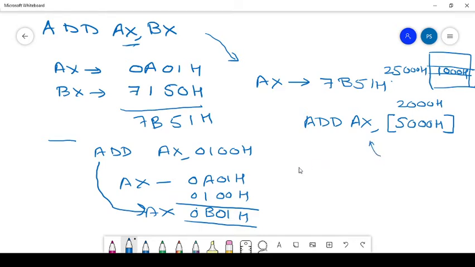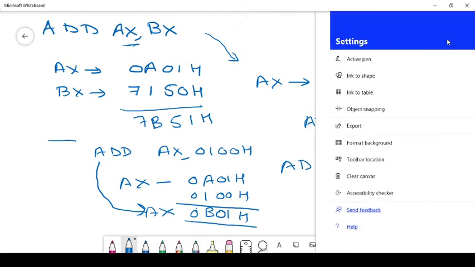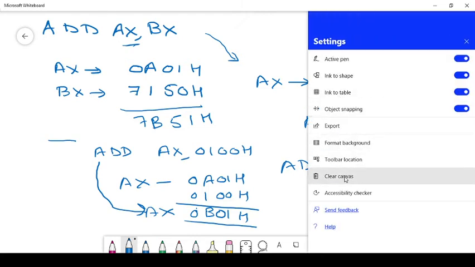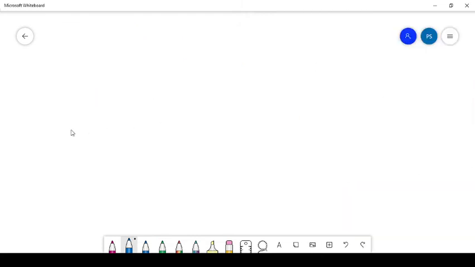In a similar way, next we have discussed the ADC instruction, which is nothing but add with carry. For example, I am writing three instructions: ADD CX, DX, then ADC AX, BX.